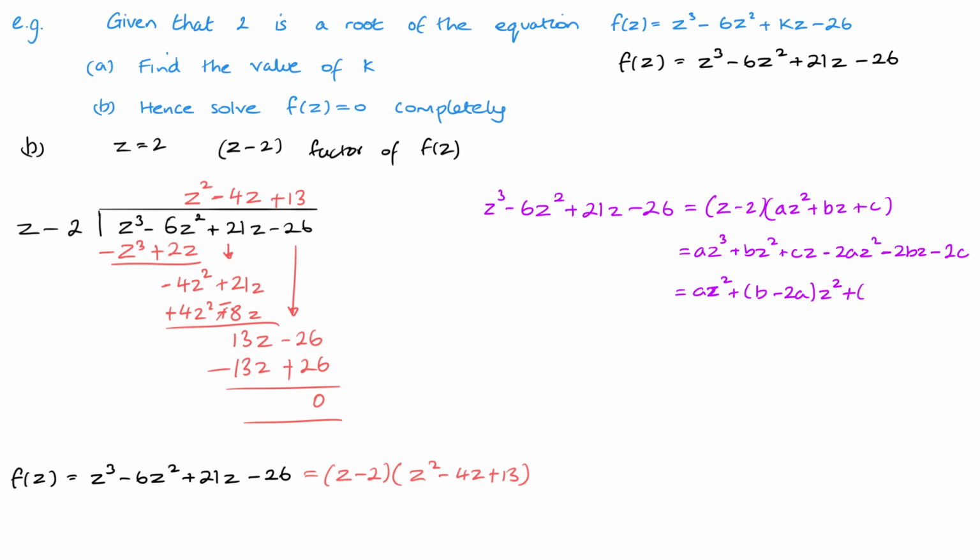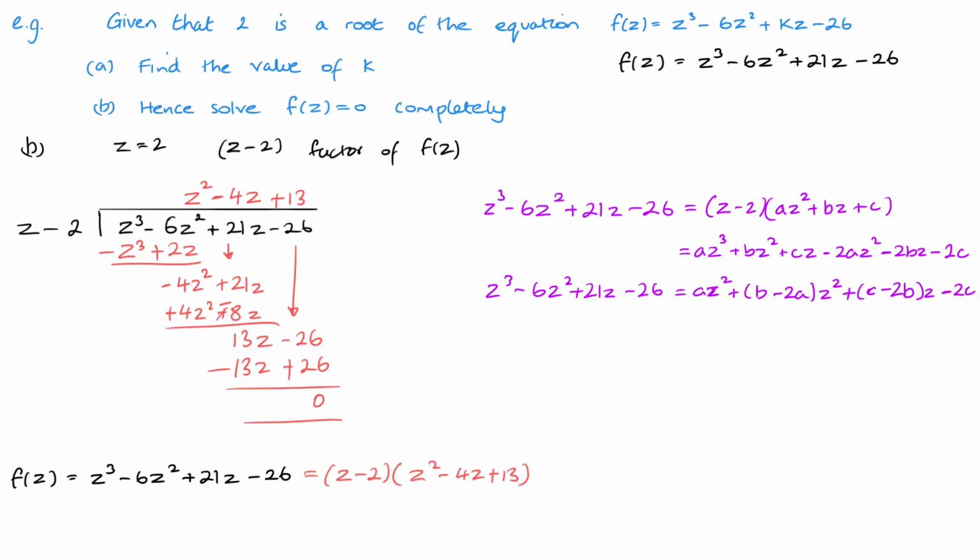For z's we get c minus 2b z, and then we get just the minus 2c at the end. And that's of course z cubed minus 6z squared plus 21z minus 26.